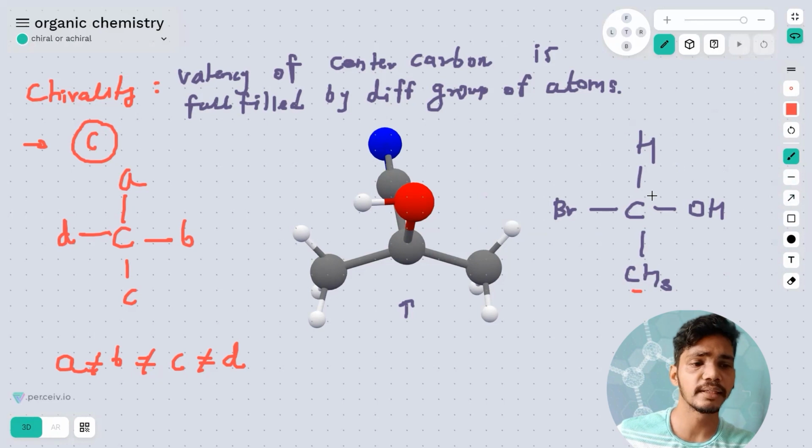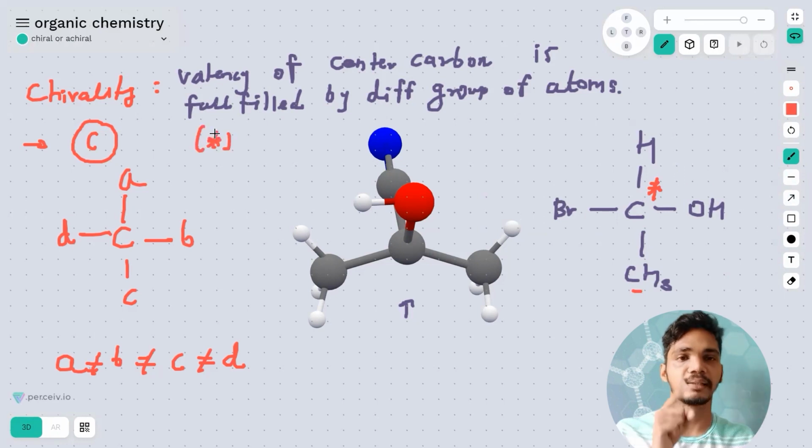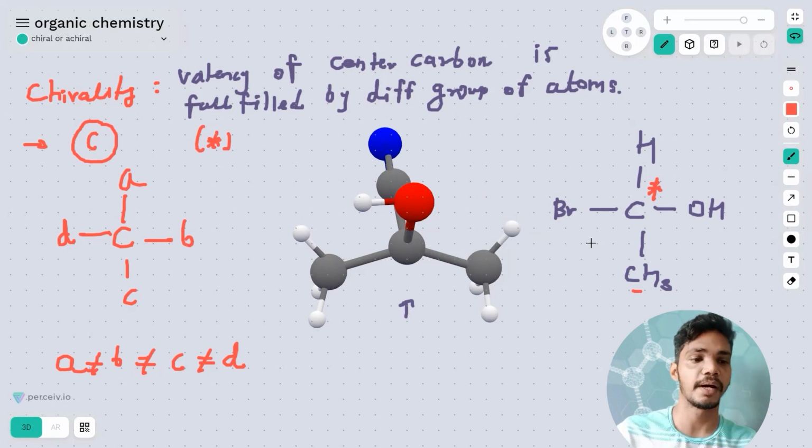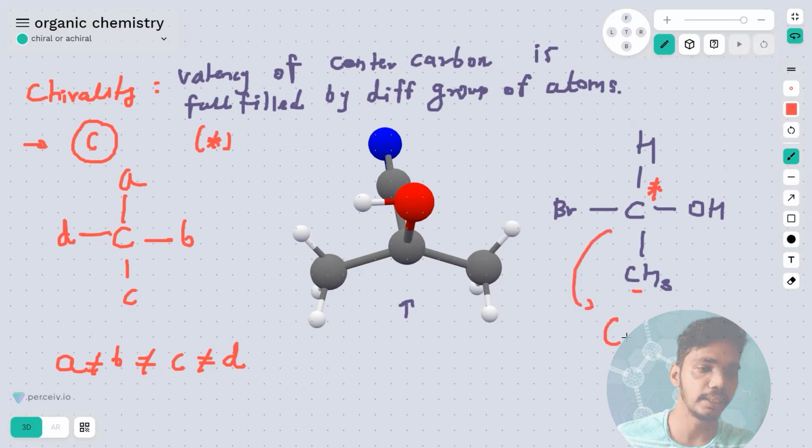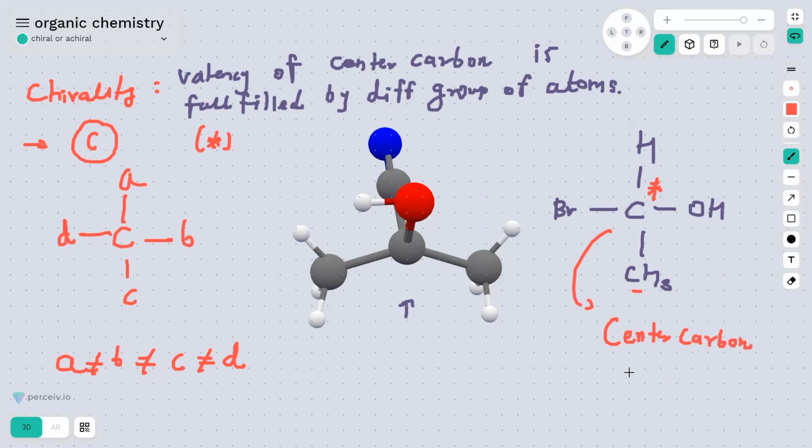So this carbon is going to be marked with an asterisk, because chirality is shown by this mark. Whenever there is an asterisk, that is the center carbon, and the asterisk sign above the carbon indicates that it is chiral.